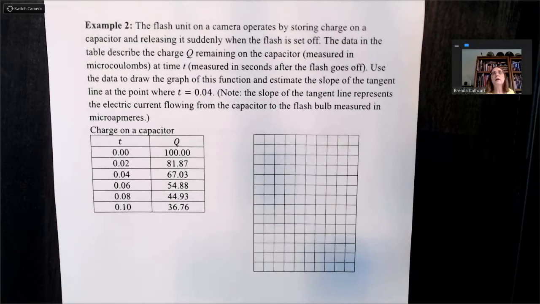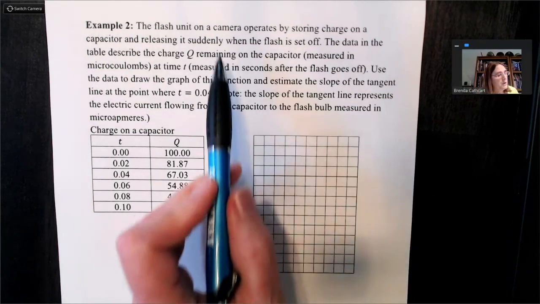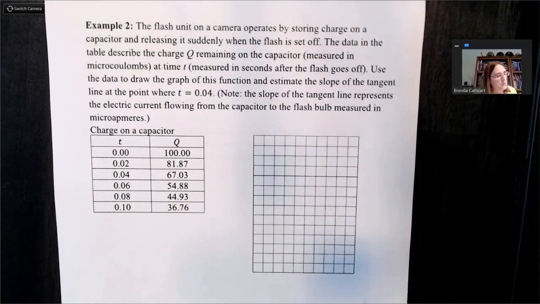Example 2, we're going to estimate the slope of a tangent line not based on a function rule, but based on the numbers or the values in a table. The flash unit on a camera operates by storing charge on a capacitor and releasing it suddenly when the flash is set off.